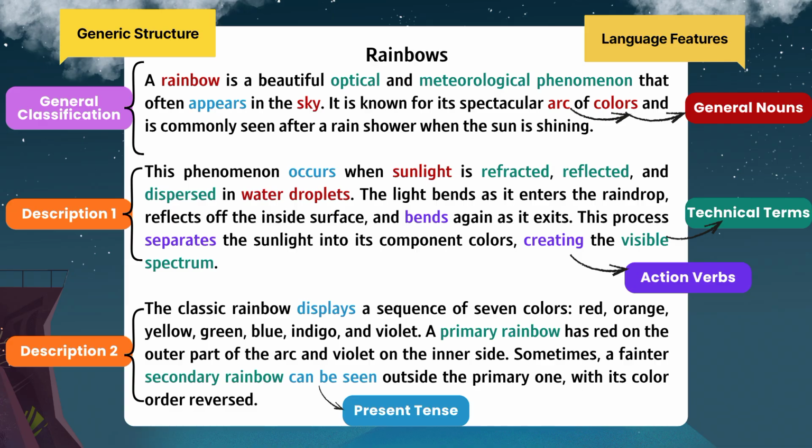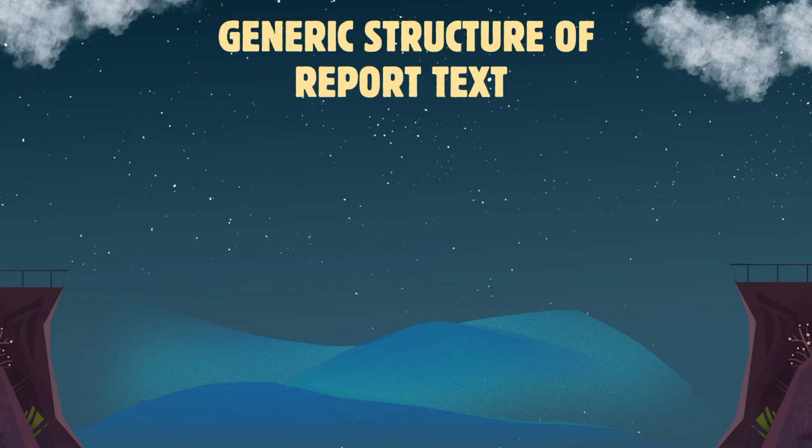It also employs action verbs like bends, reflects, and separates to describe the light's behavior, all while being written in the present tense as seen in appears, is, and displays, to state general facts.